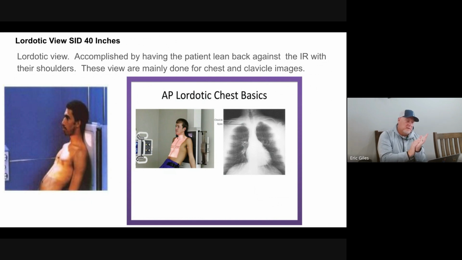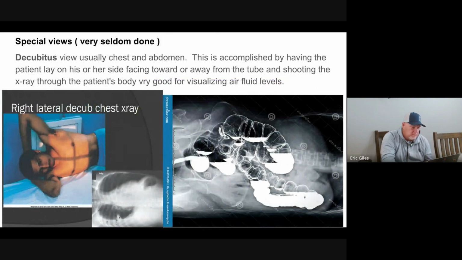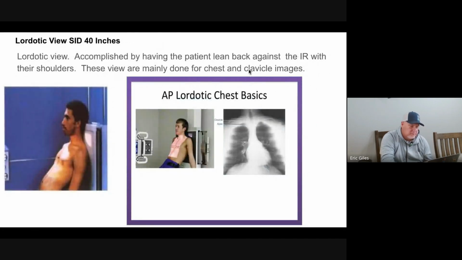In the case of a clavicle, it's going to place the clavicle above the shoulder girdle. And we do these for some chest x-rays for a special view, which you can see there. It allows us to look at the apices a little bit. So, just be familiar with the decubitus and a lordotic view. Know what those are.